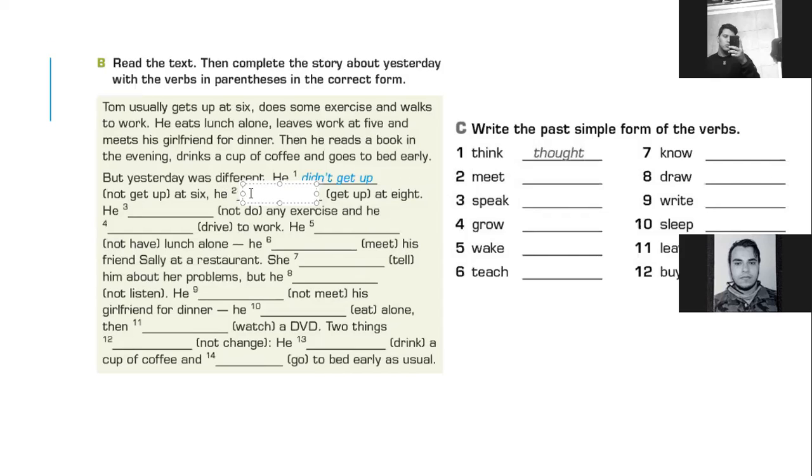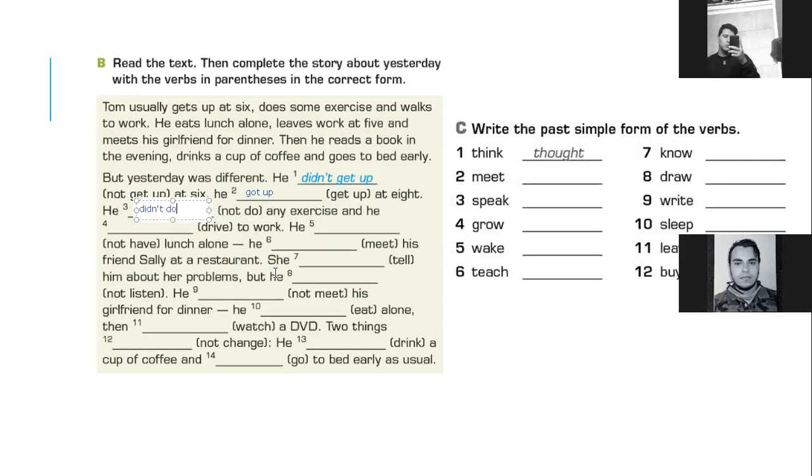No, teacher. Got. He got up at 8. Okay, then it says not do, which means negative in past. How would it be? Didn't do. Didn't do, very good.